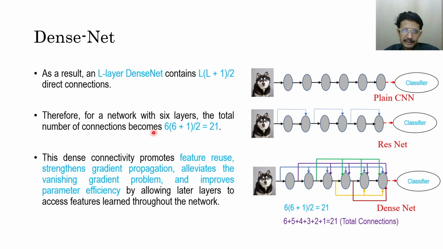This is the main idea. This dense connectivity promotes feature reuse, strengthens the gradient propagation, alleviates the vanishing gradient problem, and improves parameter efficiency, as we discussed before, by allowing the later layers to access features learned throughout the network. So as a whole, this is a very brief idea about DenseNet, and it has become very important.